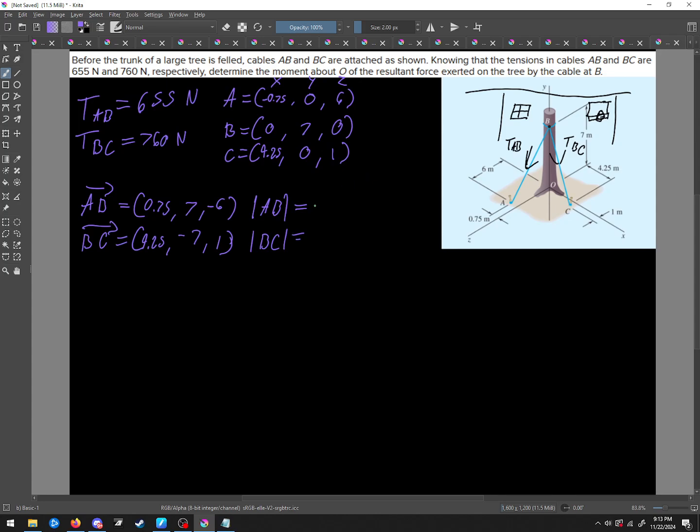That's going to be equal to 9.25, and then this one's going to be the square root of 4.25 squared plus 7 squared plus 1 squared, which is going to be equal to 8.25. So now lambda AB is going to be equal to, and then lambda BC is going to be equal to.